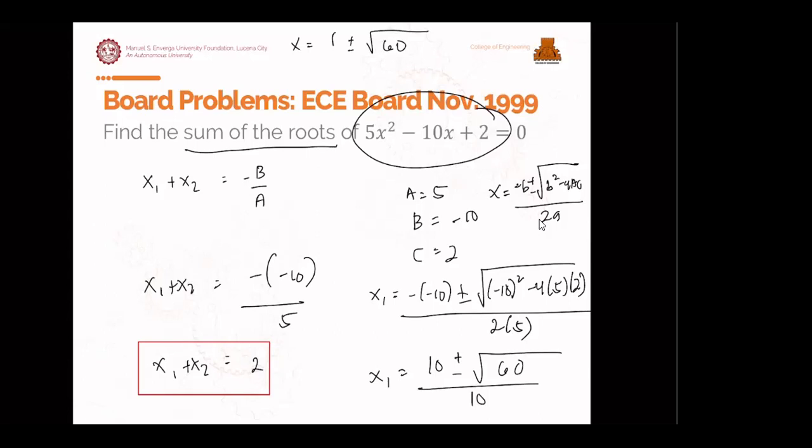Let me check something. Quadratic equation 5, negative 10, and 2. So 5 square root of 15. So the square root of 60, pwede pa natin palang i-simplify. So square root of 60 is equals to 2 square root of 15. So, i-paint ko na to.